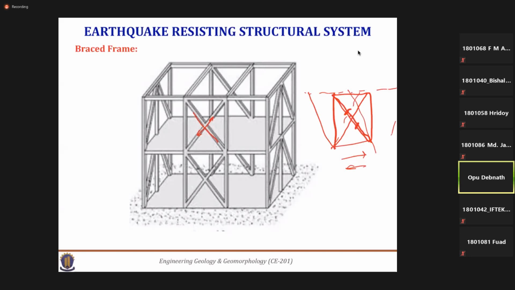So it allows the building to sway up to a certain limit, because if you completely restrict a frame or a structure, it will come to its breaking point, and you will not get any signal from the structure. There will be sudden collapse. Due to this, the damping bracing is sometimes used. So this allows some displacement, and you will get some allowable time.